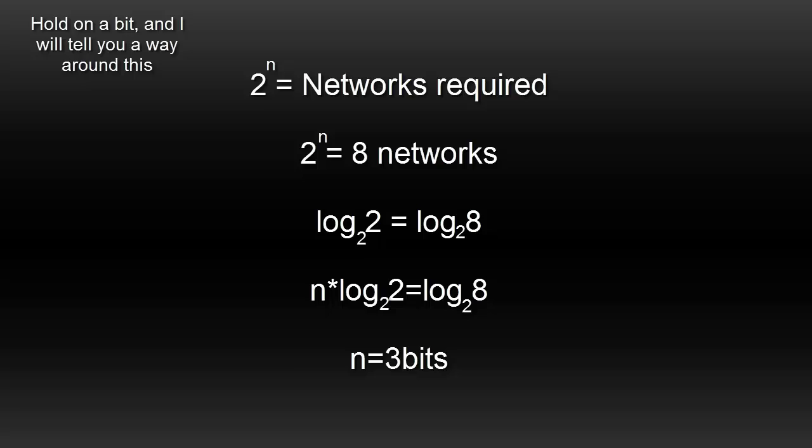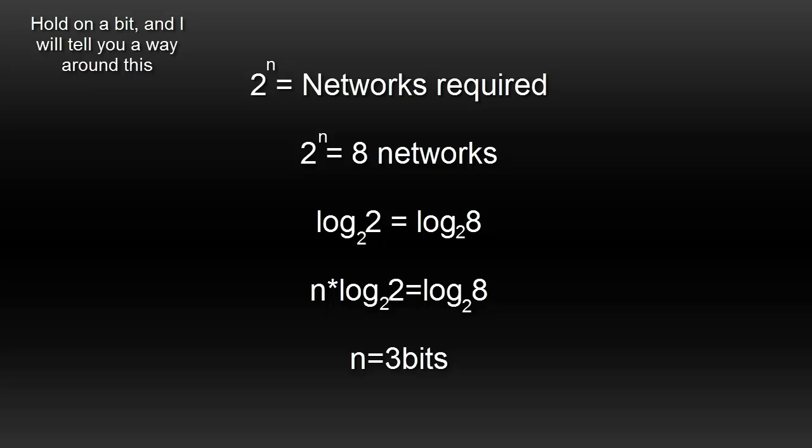Now we're going to get to some math, and this is the extent of it. So we get to 2 to the power n. n is the number of bits needed, and that's very important to realize because this answers how many networks are required. So what we do is use logarithms.